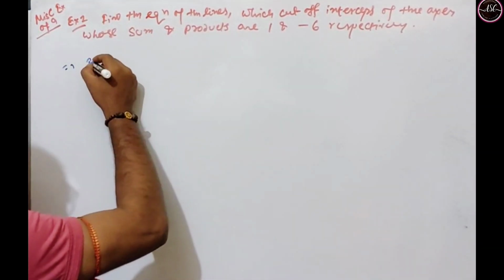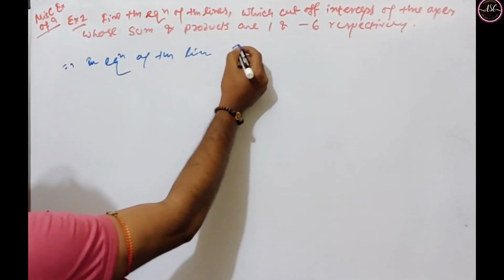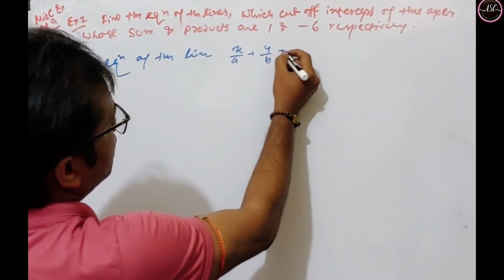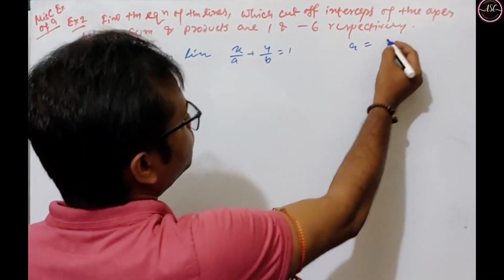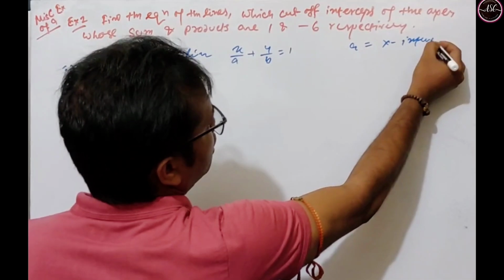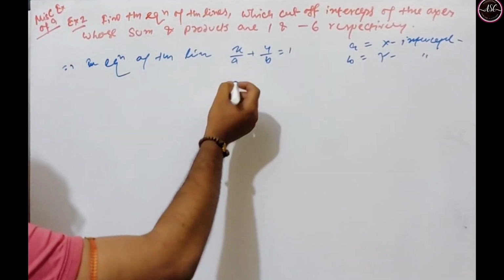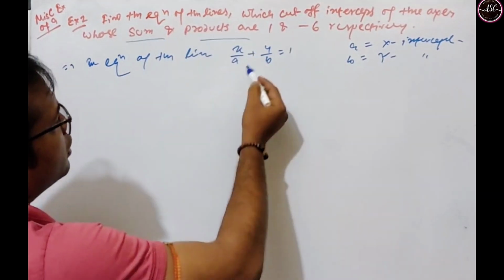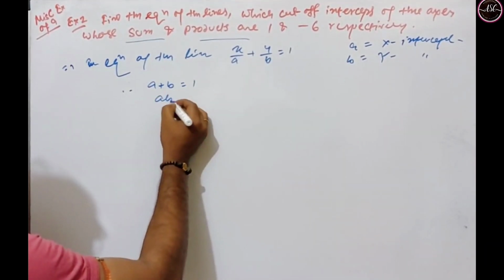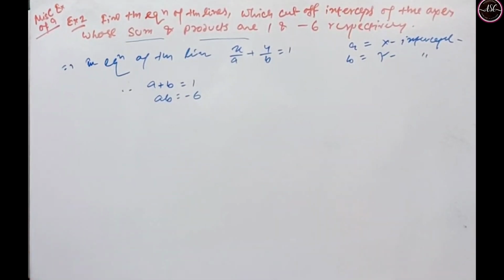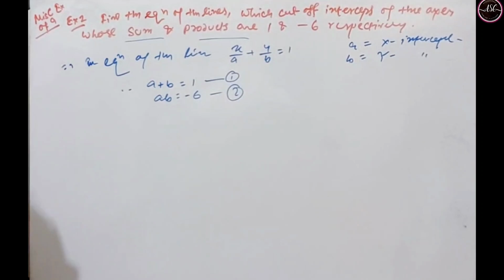Here, sum and product, that means the intercept sum. Therefore a plus b equal to 1 and ab equal to minus 6. Okay, so this is equation 1 and this is equation 2.